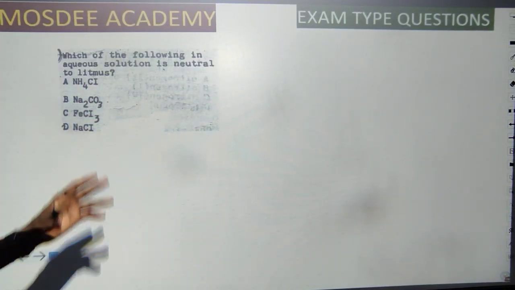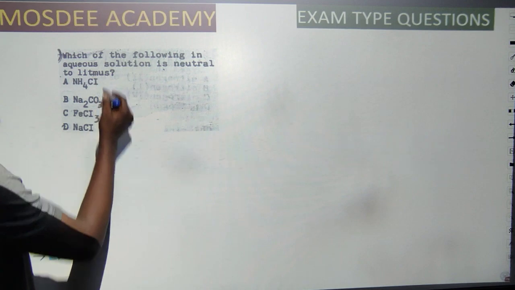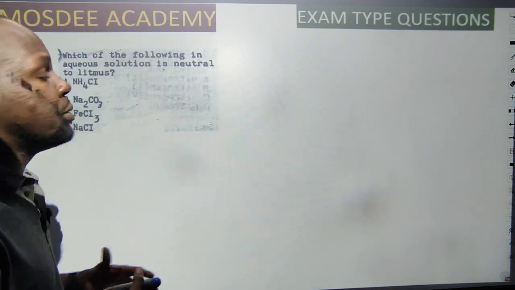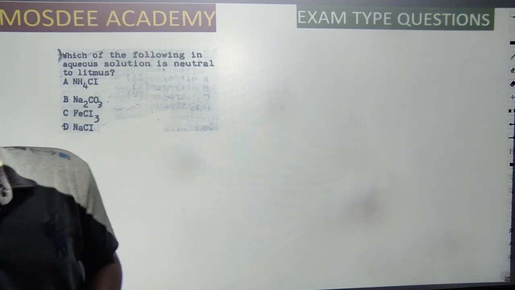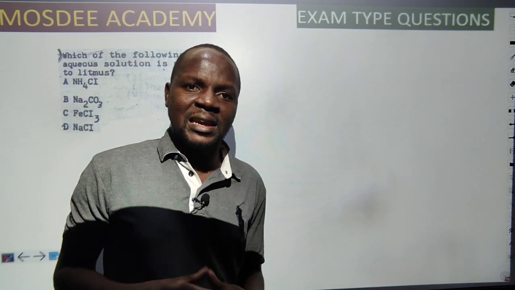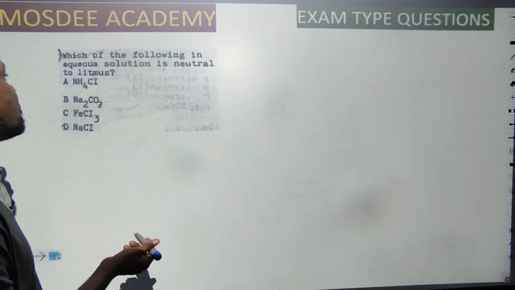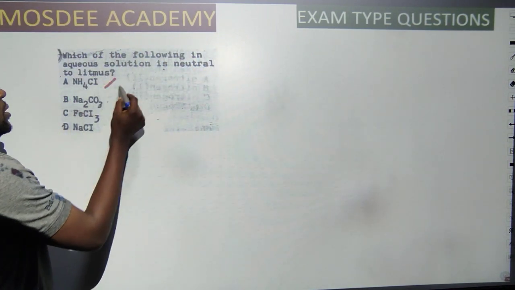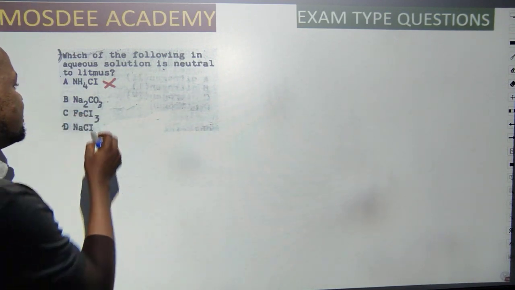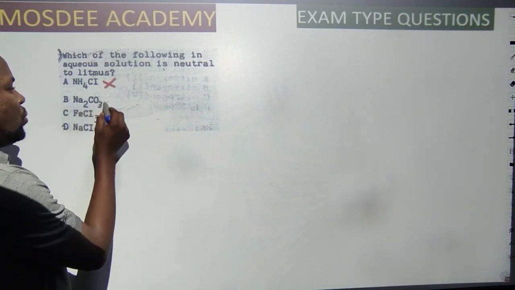Which of the following in aqueous solution is neutral to litmus? Solubility, buffer solution, we have studied. Now, the one that will be neutral to litmus will be the one that is made from what? A strong acid and a strong base. So, which one is formed from strong acid and strong base? This is wrong. This is formed from what? Weak base and strong acid. This is formed from strong base and weak acid.